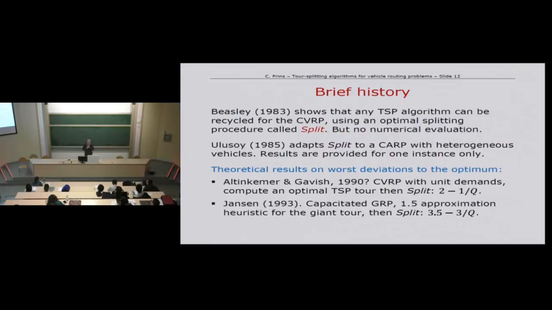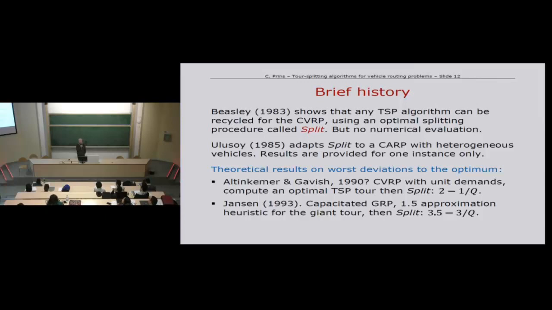So, a brief history. Beasley in 1983 showed that any TSP algorithm can be recycled for the CVRP using an optimal splitting procedure called split. I'm going to show it to you soon. But he gave no numerical evaluation, not at all.